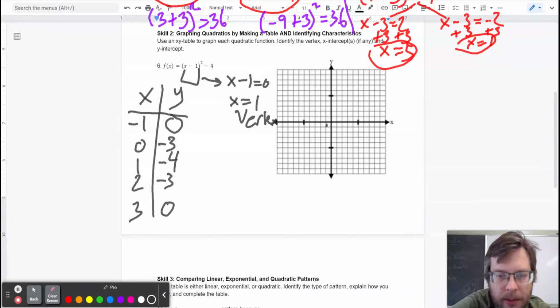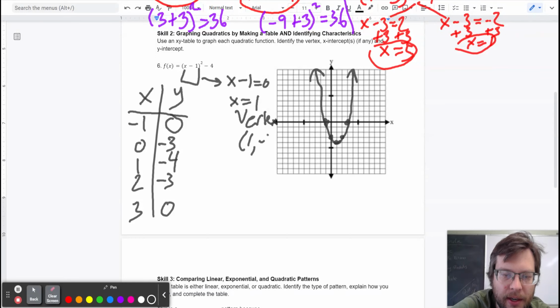That's good enough to draw the graph. Negative 1, 0, 0, negative 3, 1, negative 4, 2, negative 3, 3, 0. Identifying your features. The vertex is 1, comma, negative 4.